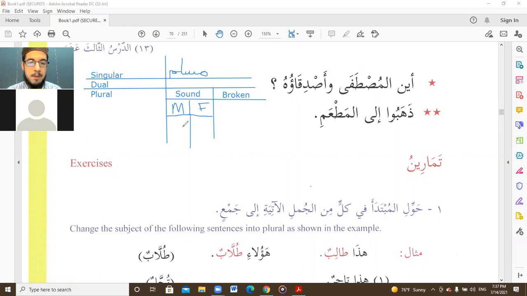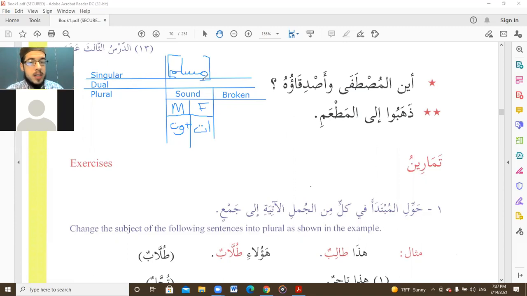The sound masculine form is adding plus un, Muslimun, Mu'minun, Qanitun, etc., etc. Whereas the sound feminine form was simply adding at, Muslimat, Mu'minat, etc. Why it was called sound was because this original root word, or we can say stem word more precisely, was still in its form.